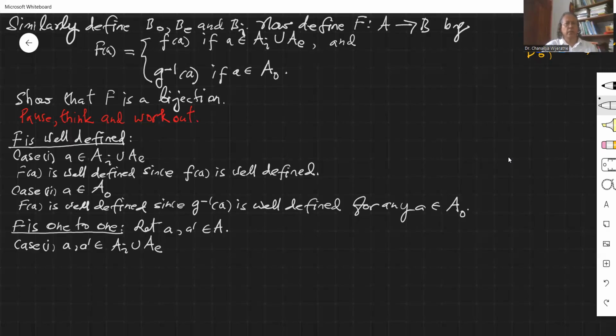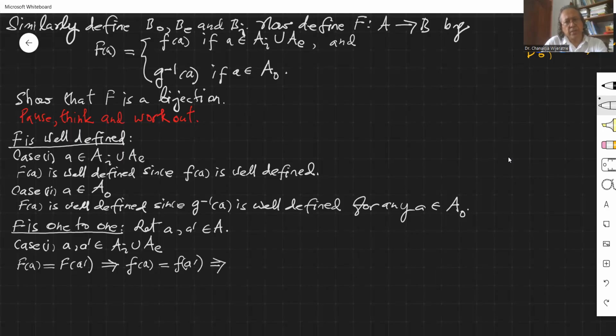Now, if capital F of A is equal to capital F of A prime, this means that simple f of A is equal to simple f of A prime.